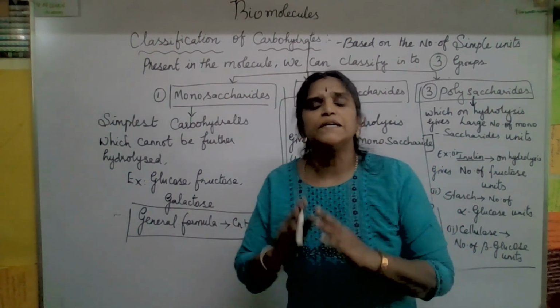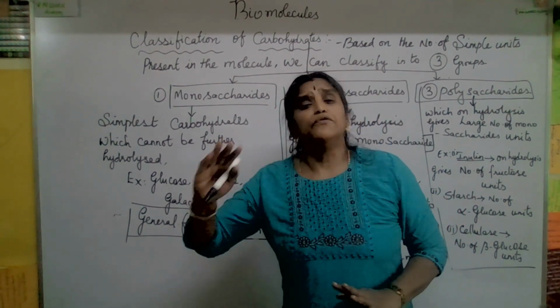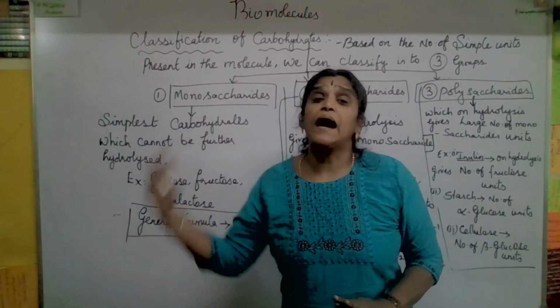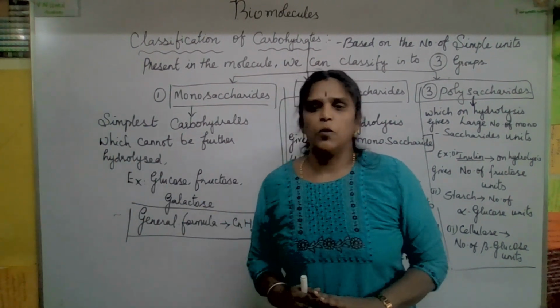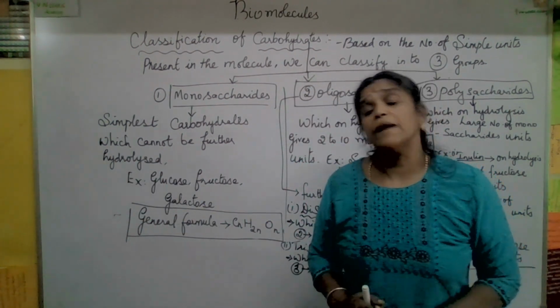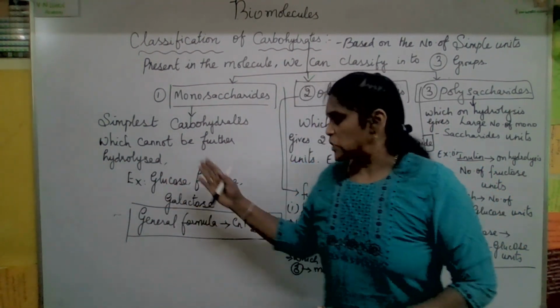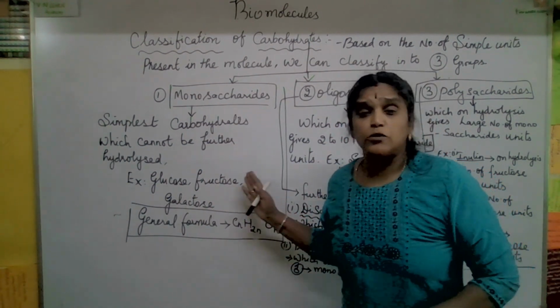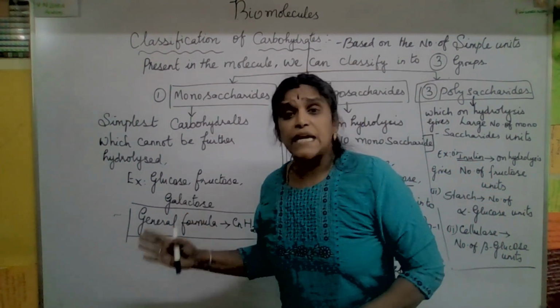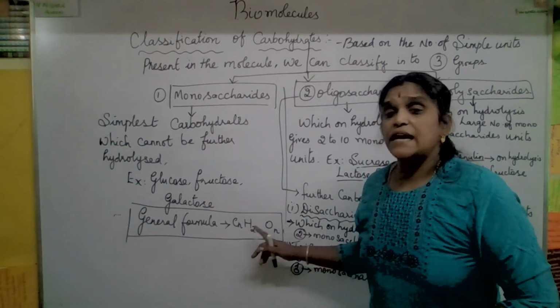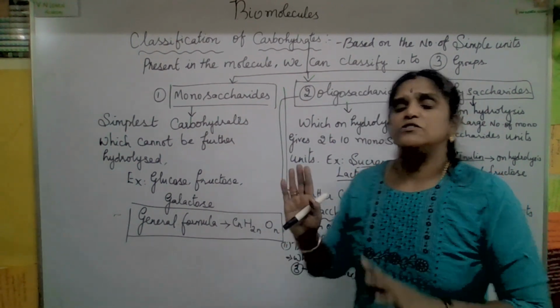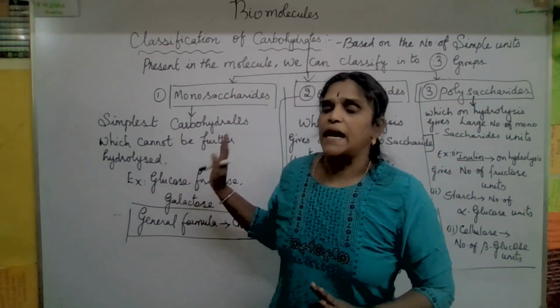Monosaccharides are the simplest carbohydrates and cannot be further hydrolyzed. Examples are glucose, fructose, galactose. The general formula is CnH2nOn.